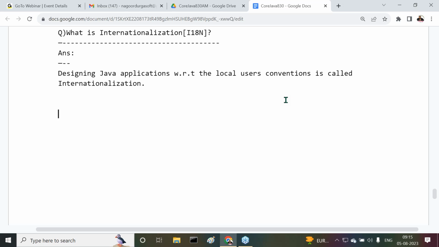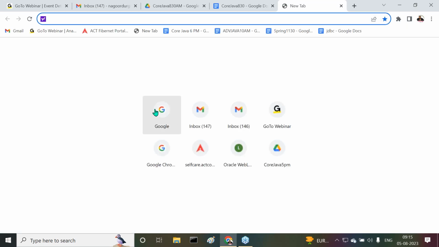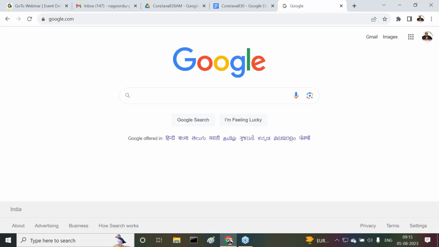Because of that reason, nowadays the entire software industry is trying to bring services to local users in their local languages only. Not only that, I will tell you the best example. Observe carefully. Just I want to open Google. See all these things we are getting.